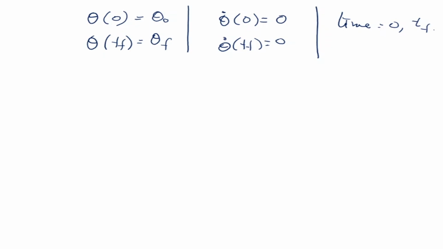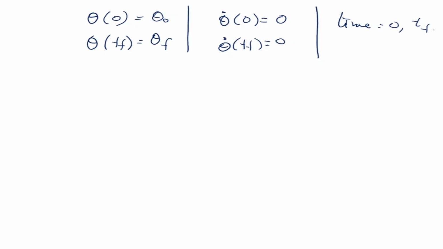A straight line is not possible, we have seen. If you put a parabola, an equation of order 2, then also you'll find it is not possible, because your acceleration will become constant.